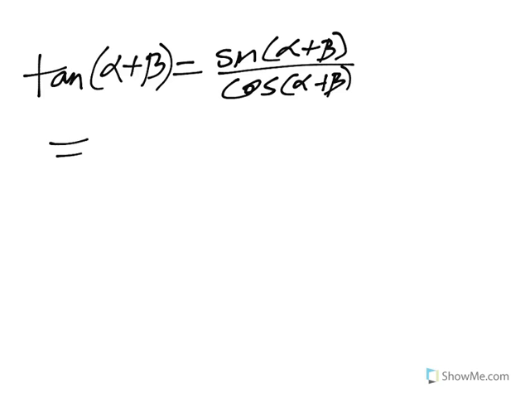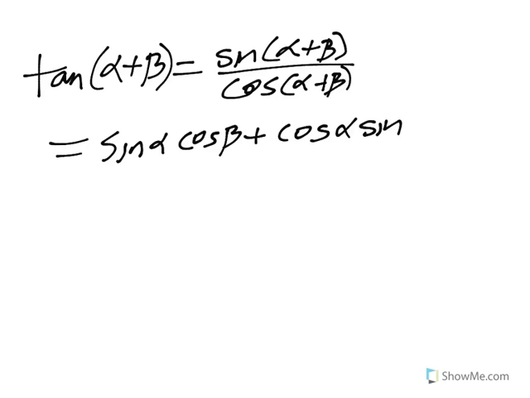So I've got sine of the sum, and I just remember from the identities for the sine of a sum that it's the sine of the first cosine of the second plus cosine of the first sine of the second. Plus goes with plus with sine.